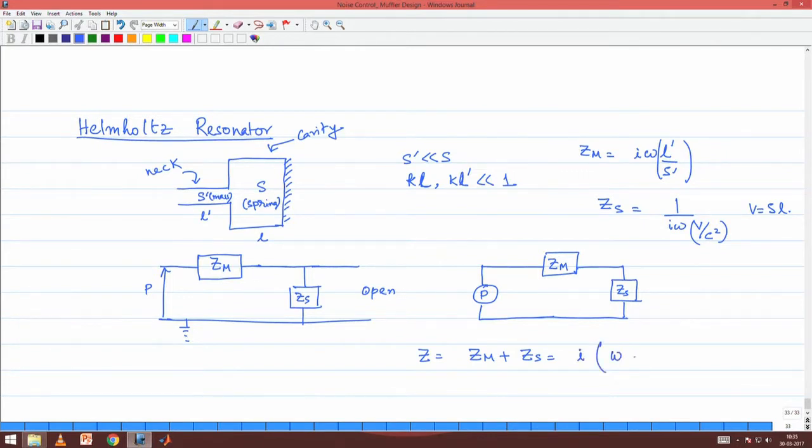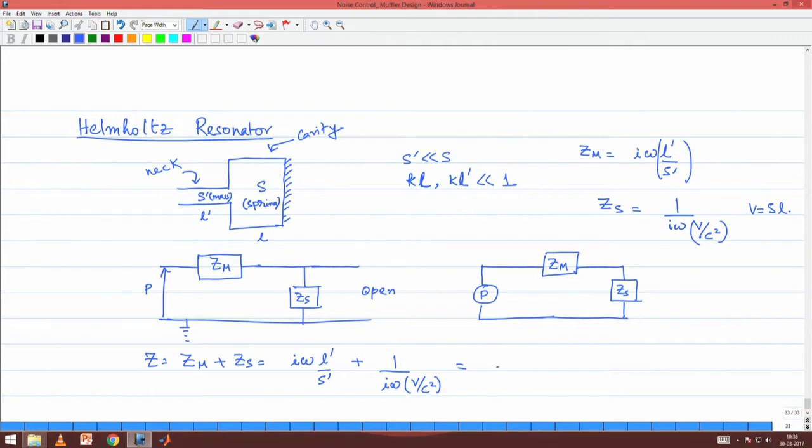The total impedance of the circuit is Z equals Zm plus Zs, which is going to be i omega L' S' plus 1 by i omega V by c squared.